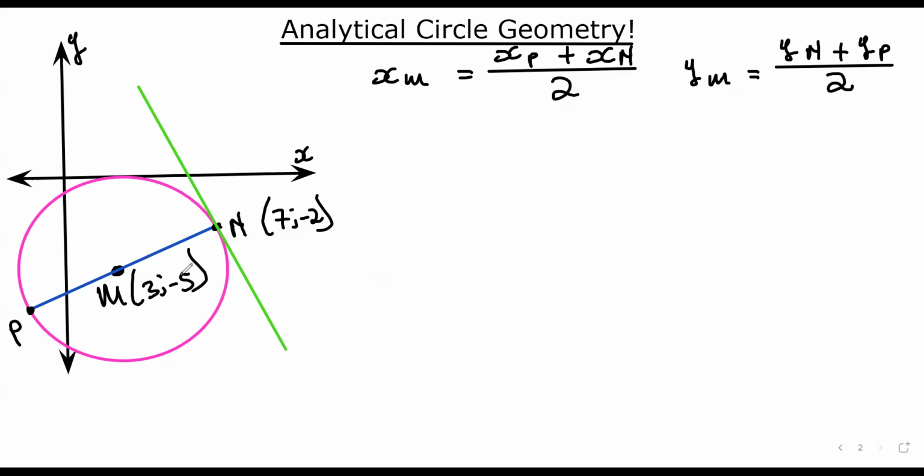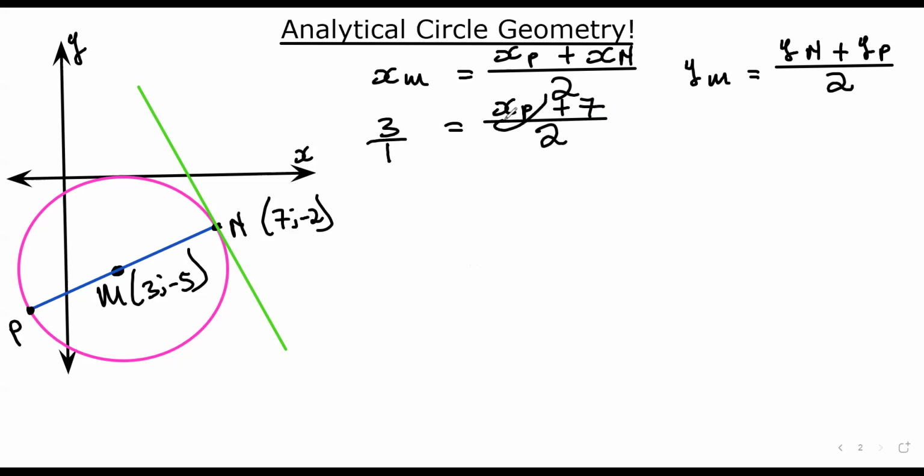So now what is the x coordinate at M? Well, it's 3. The x coordinate at P is the one we are looking for. And the x coordinate at N, it's positive 7. And of course, we divide this by a nice 2 there.